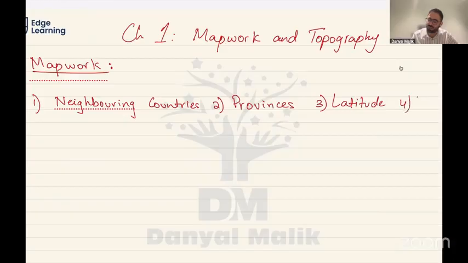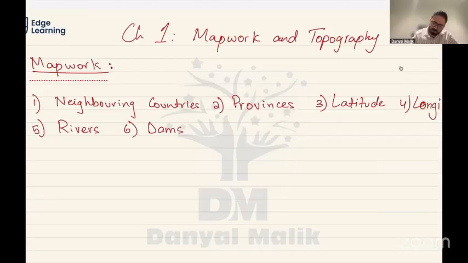Then the map work of longitude. Then we have to do the map work of rivers. Then the map work of dams. Then the map work of cities.